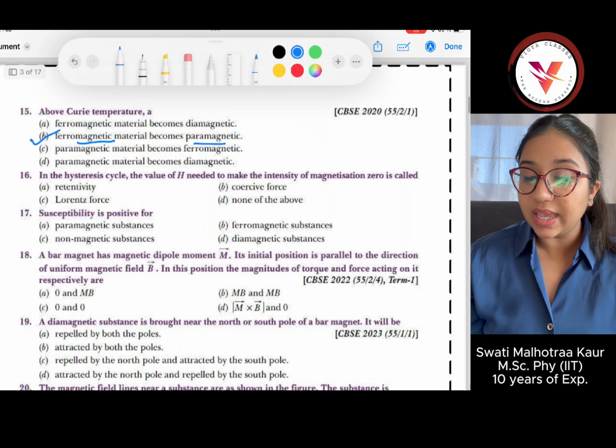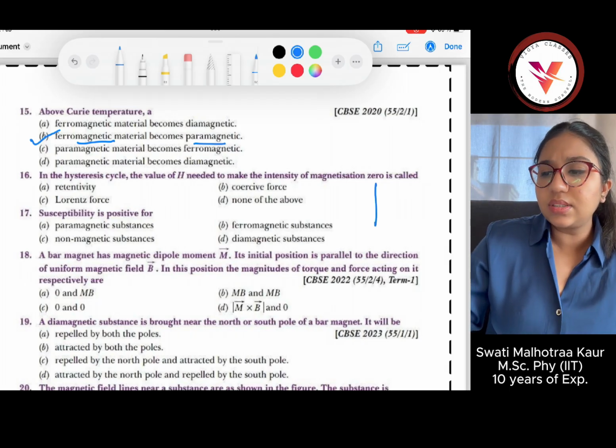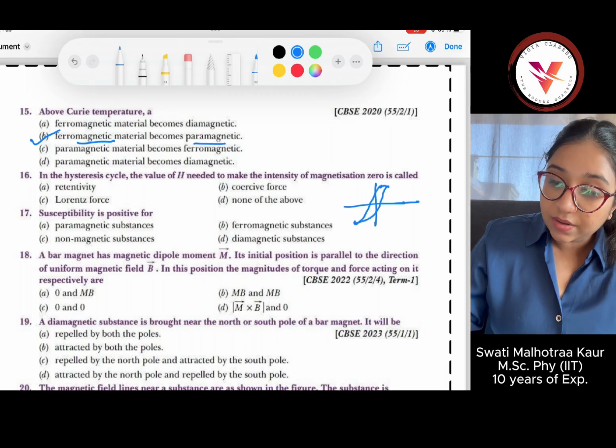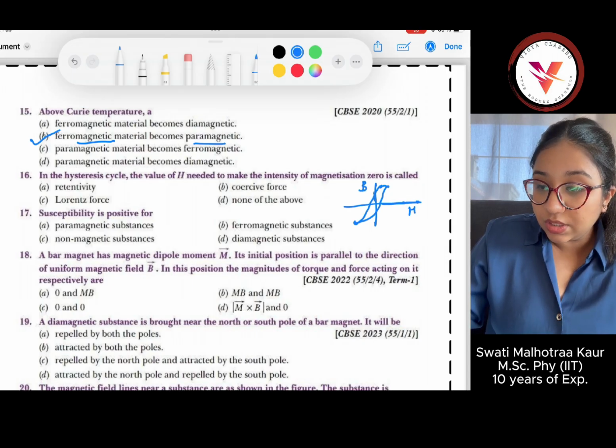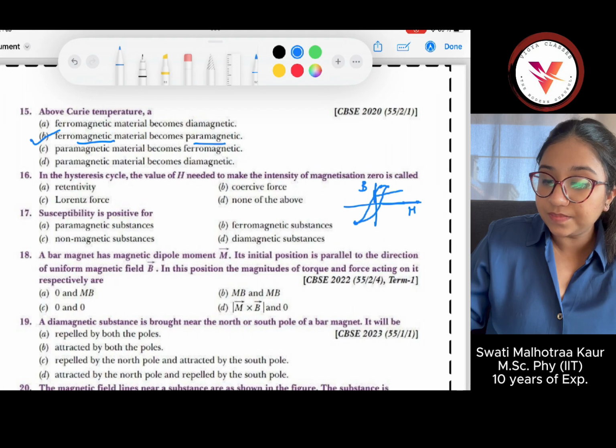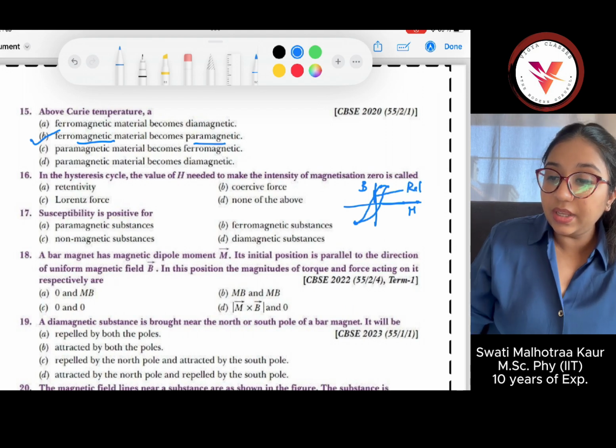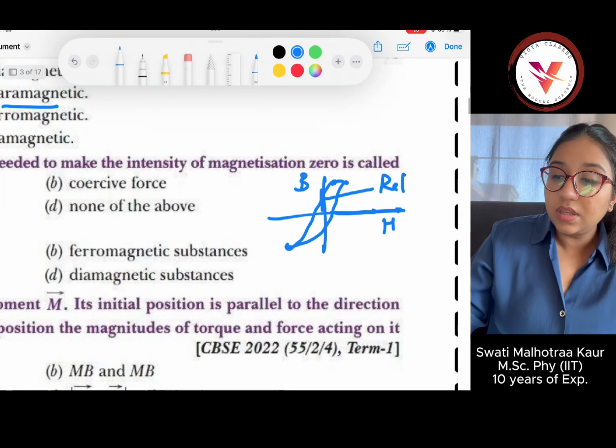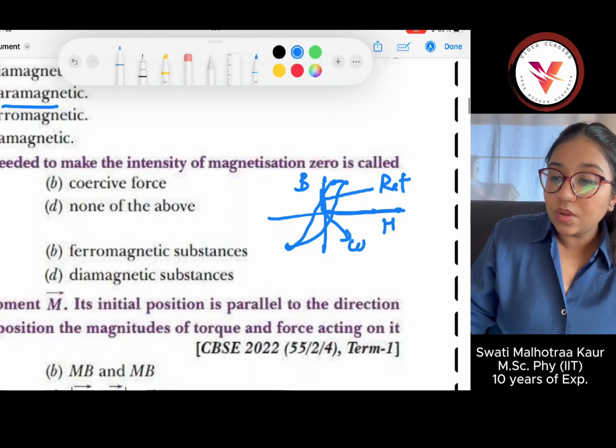In the hysteresis cycle, the value of H needed to make the intensity of magnetization zero. Again, hysteresis is not in the syllabus, but it has something like this. Here we have H and here we have B. This line is for retentivity and this small line is for coercivity.